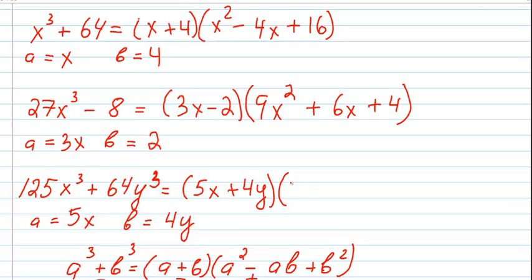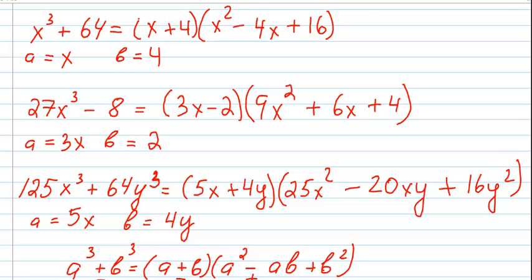So 5 squared is 25, x squared minus a multiplied by b, 5x multiplied by 4y becomes 20xy, and finally we need to square b, and 4y squared produces 16y squared, and this is our final answer here.